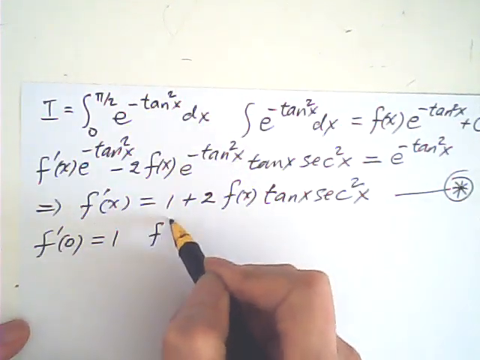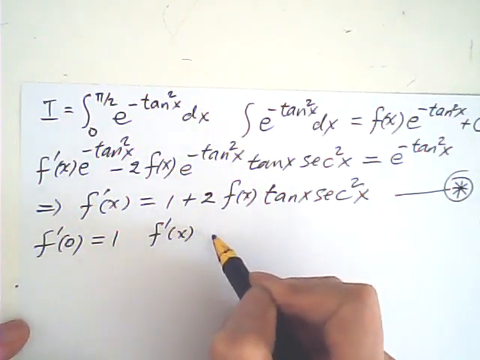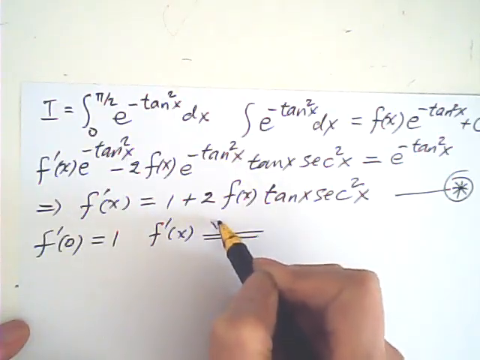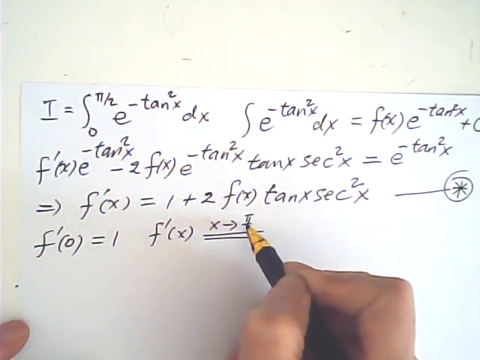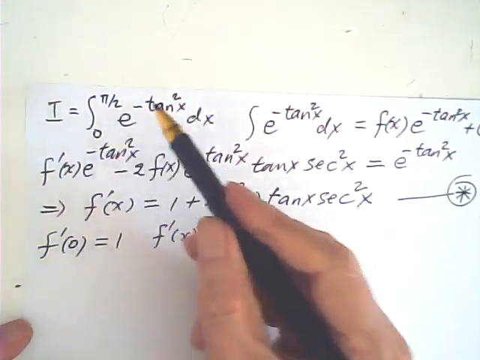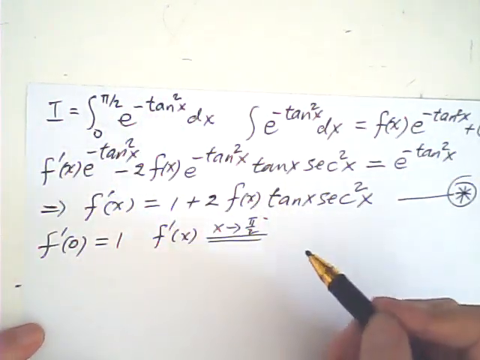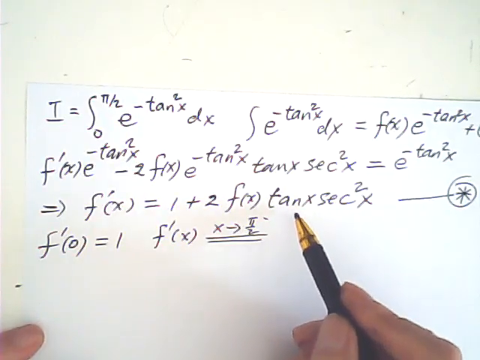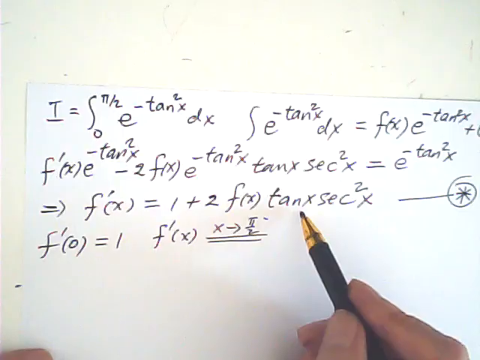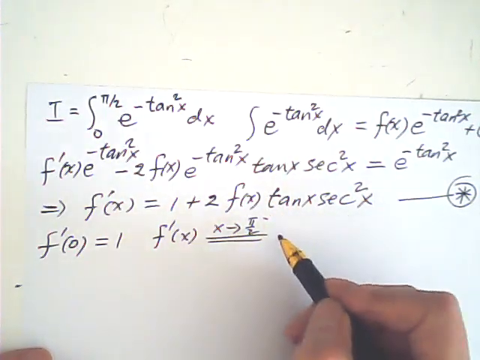And f prime of x, when x approaches half pi from the left-hand side, then tangent of half pi is infinity. Therefore, the whole thing is infinity.